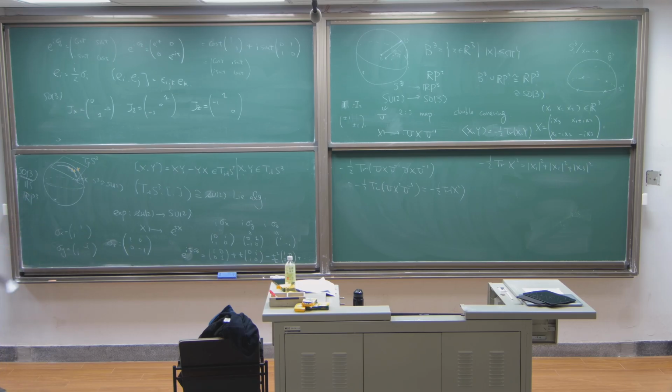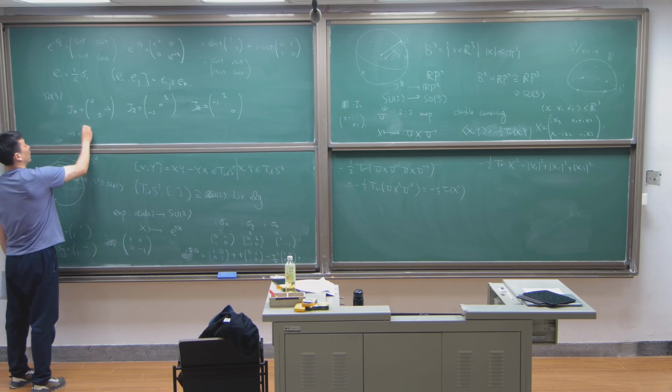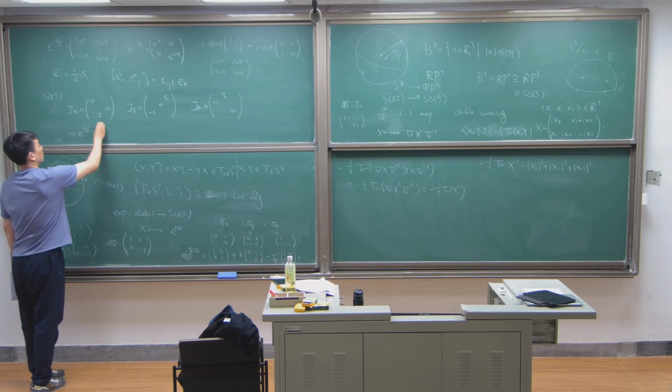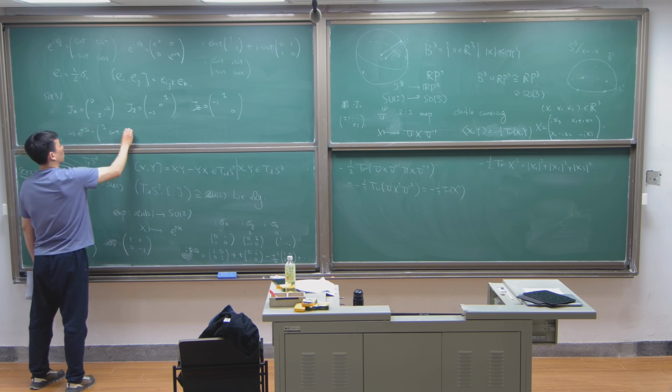So you can have a rotation of a tangent vector this way, and this will generate e to the tJx, which is equal to cos t, sine t, minus sine t, cos t.